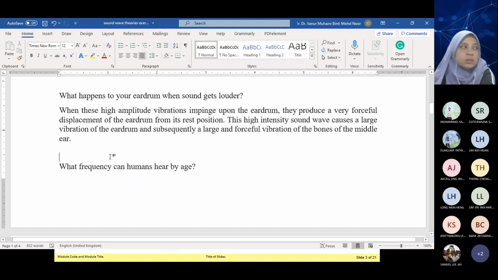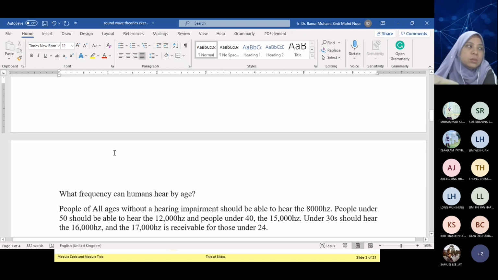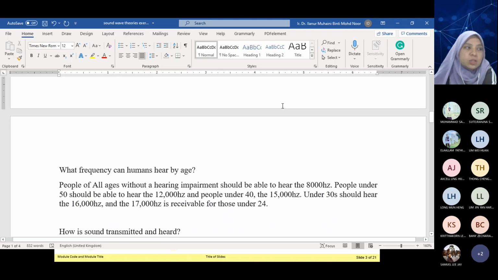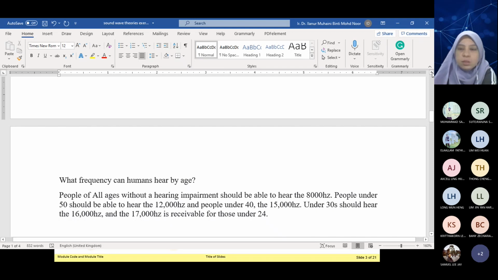Okay, next is what frequency can humans hear by age? Different ages have different frequency. For example, people under 50 should be able to hear 12,000 hertz, like you and me.